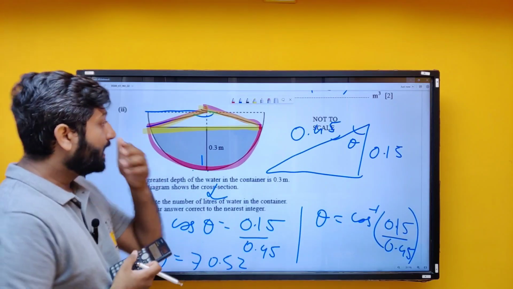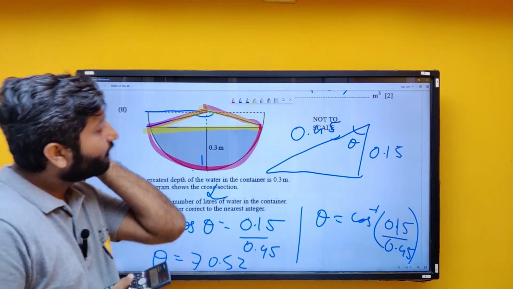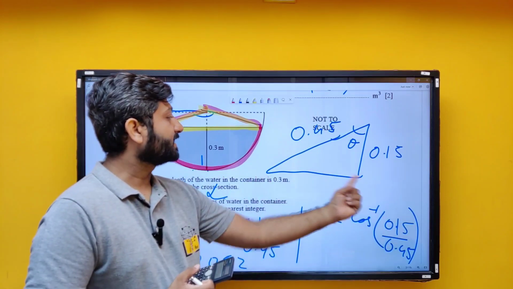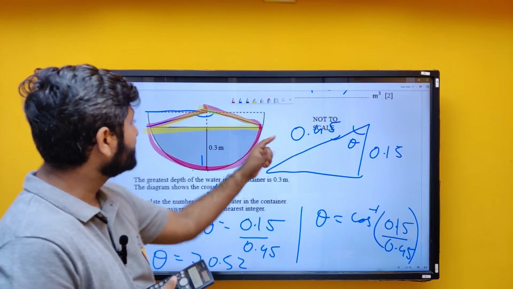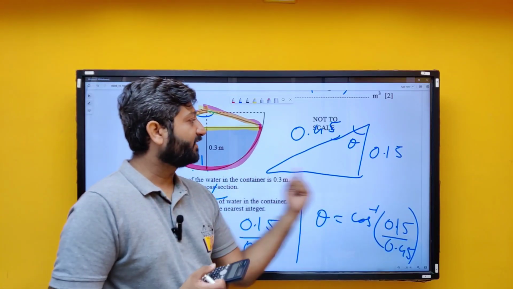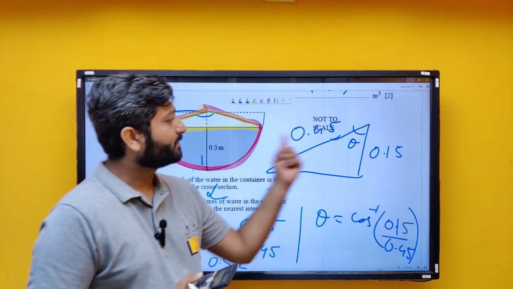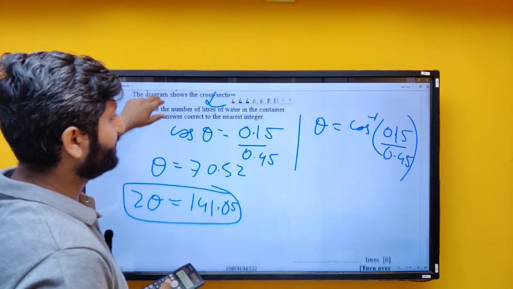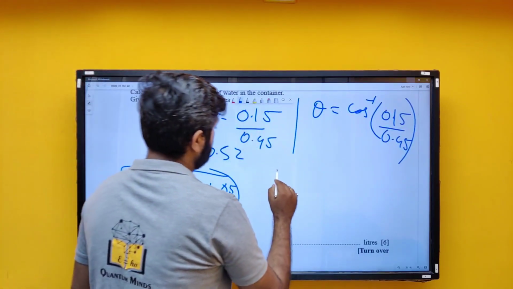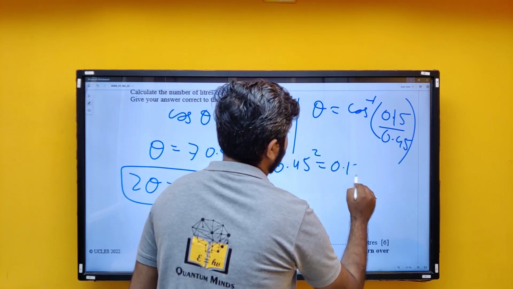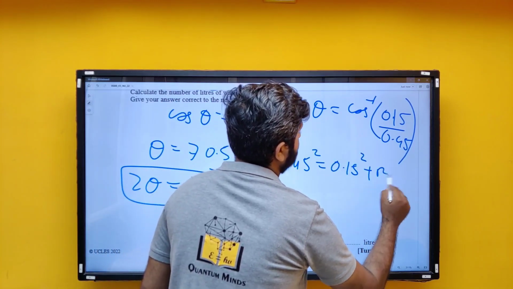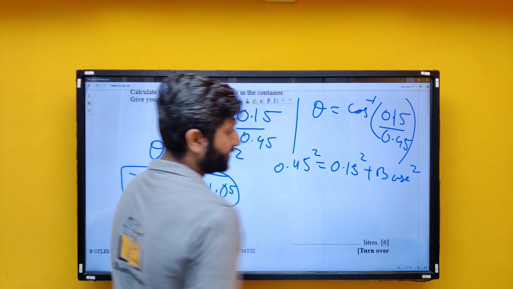Now this is my angle, but I'll also have to find this side, because the area of the triangle is half base into height. I don't have the base, so I'll have to find it. I can find the base using the Pythagoras theorem. So 0.45 square is equal to 0.15 square plus base square.